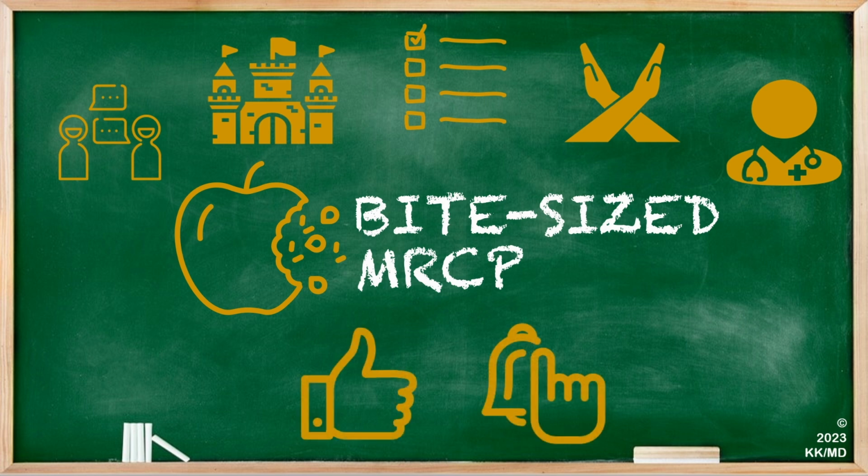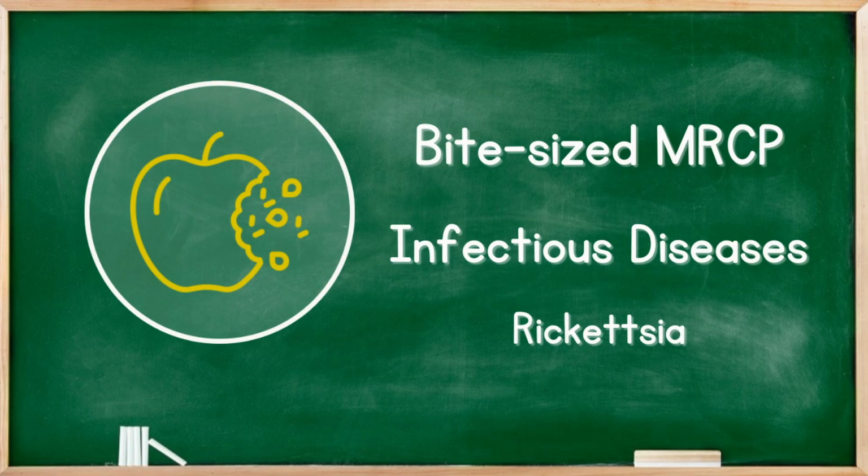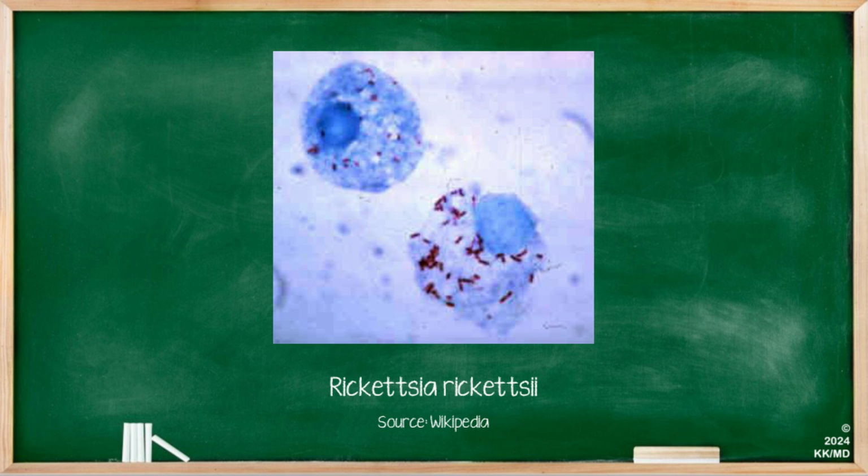Now, without further ado, let's get into today's topic, which is on Rickettsia under the section of infectious diseases. So this is just a picture of Rickettsia. It's really quite unlikely for them to ask you to identify this on the MRCP exam, but it's always good practice to have a broad understanding of what these different types of organisms look like under the microscope.